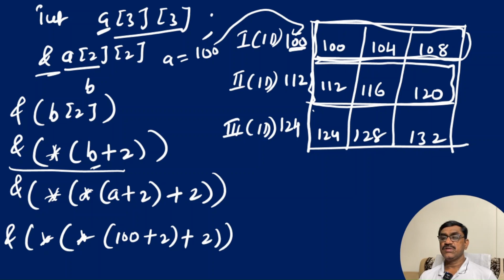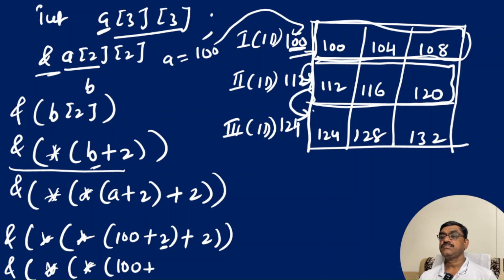Now the important thing you should remember here is &*(100+2). What is meant by this plus 2? Plus 2 indicates that from this first one-dimensional array, you move further two locations. Means we are going to cross the first one-dimensional array and the second one-dimensional array and move to the third one-dimensional array.